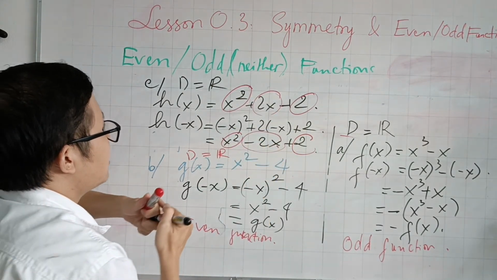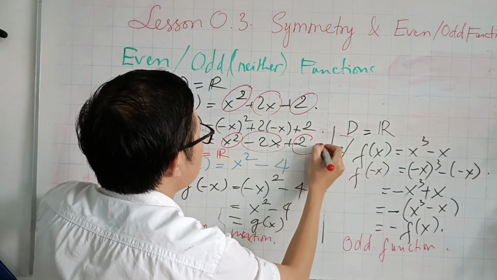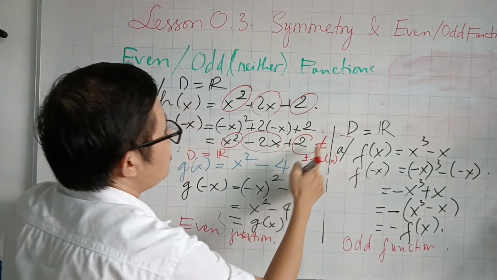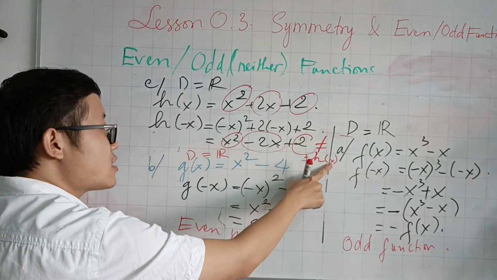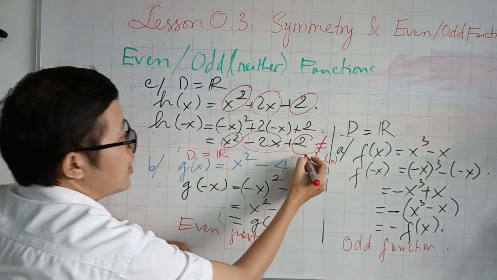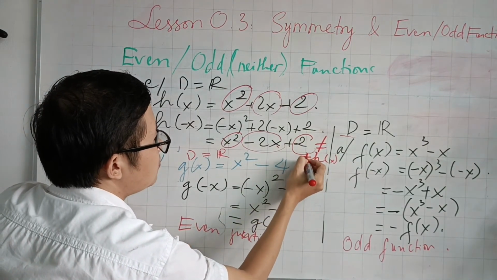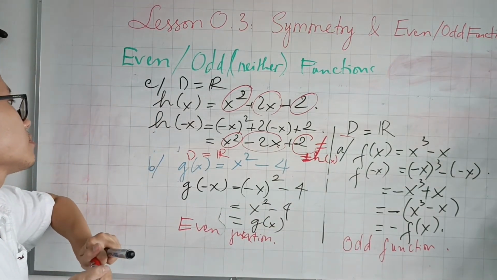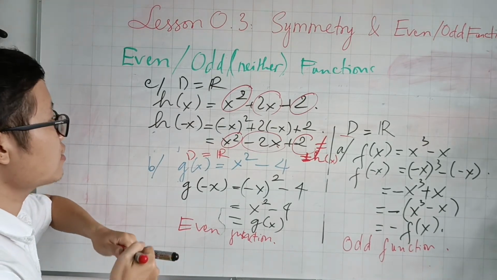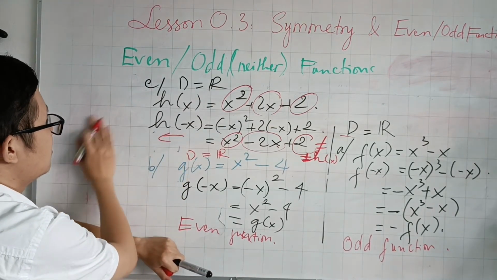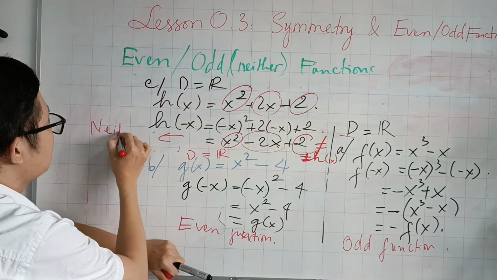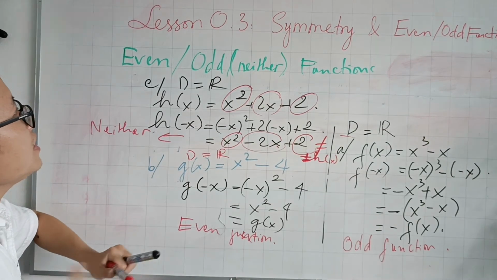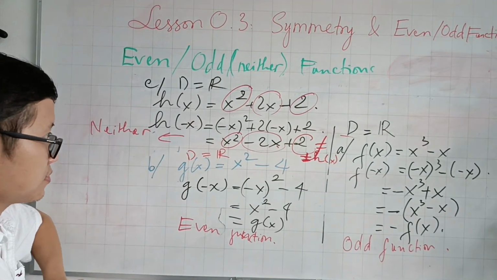So it is not equal to h(x) or negative h(x). You can write this symbol to denote. So we conclude that it is neither even nor odd function.